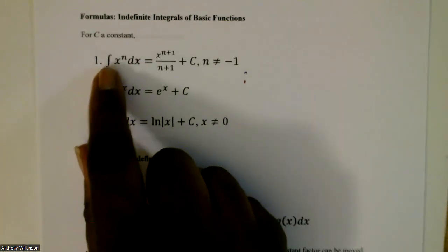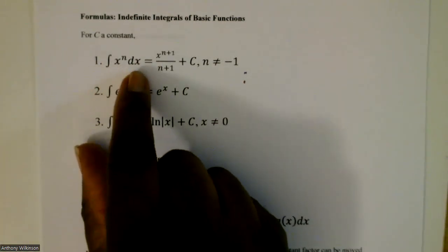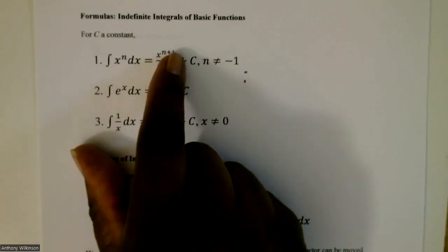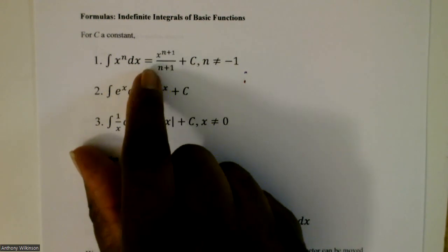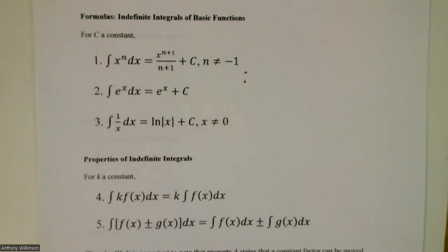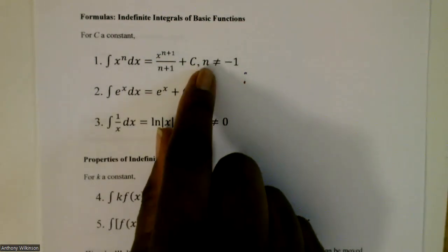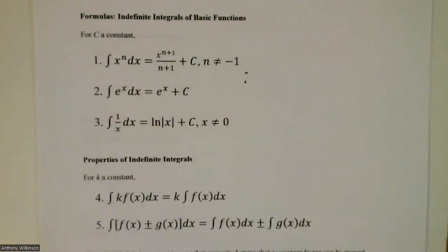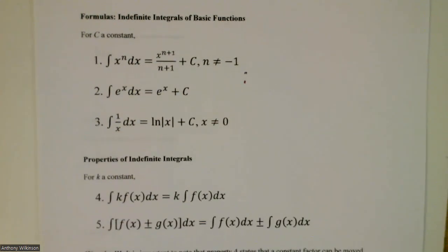In other words, the integral of x to the power of n dx will be this. You're going to add 1 to the exponent, n, divided by that new exponent, n plus 1, and then include the plus c. Now, the restriction for that is this. The n, which is your exponent, cannot be equal to -1.